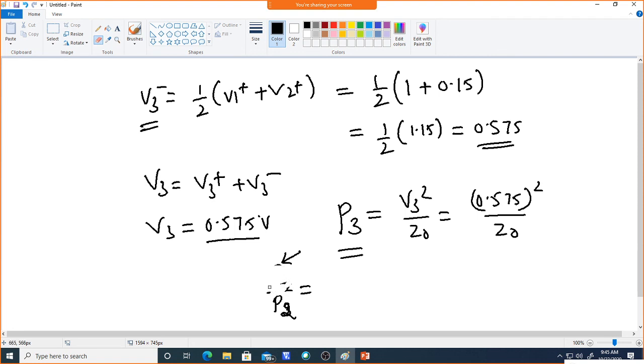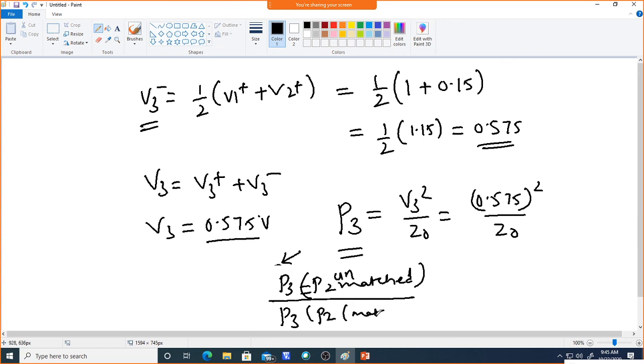We are finding out the power at port 3 for the matched and mismatched cases, that is P3 when port 2 is matched, divided by P3 when port 2 is unmatched. If you take the ratio of this one, you will get it in terms of dB.